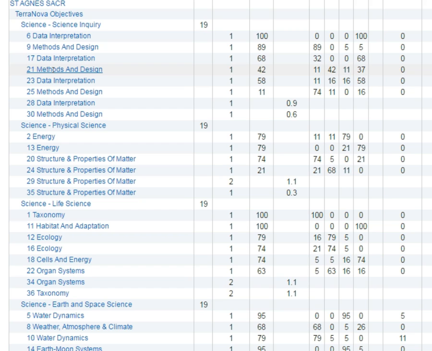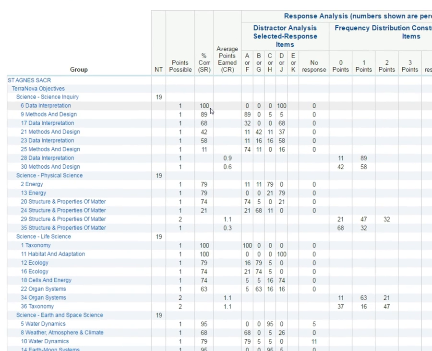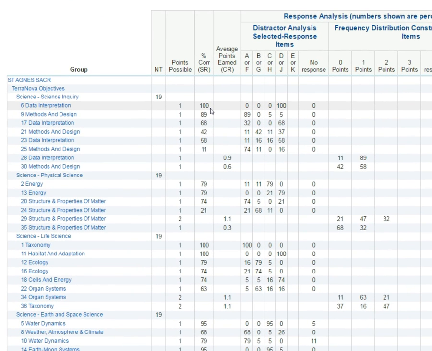So if you were on level 16, which this is, if I went in that guidebook and I looked for a definition of data interpretation in the guidebook, it would tell me what it meant at that level, but also give me an example of a question that might address data interpretation at the level. If I look at this particular class, 100% of the students answered that question correctly. So data interpretation is a strong skill for that class.